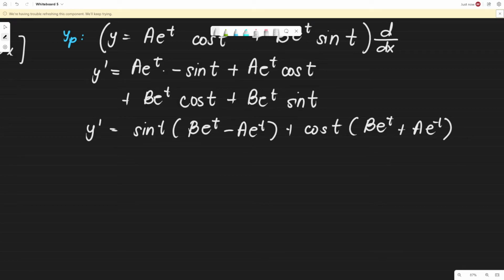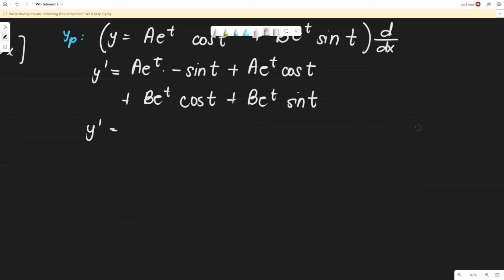We just need to determine the y double prime. So for that, we will get the second derivative, but let me rewrite this one since it's easier to take out e raised to t as our common factor.